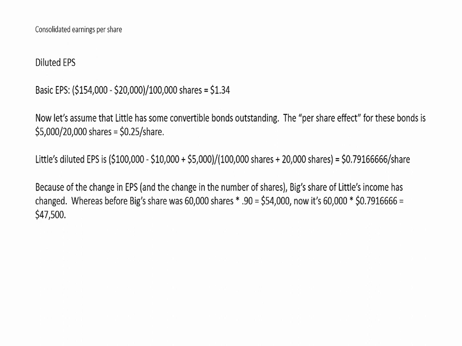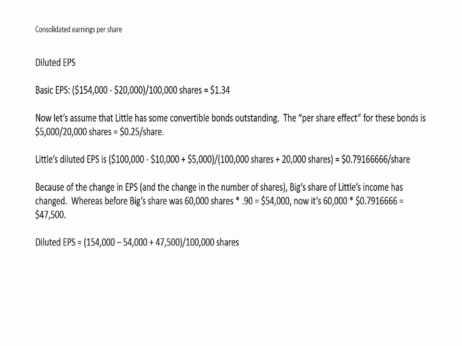Now because of the change in earnings per share, previously 90 cents and now just under 80 cents, and because of the change in the number of shares, Big's share of Little's income has changed. Whereas before Big's share was 60,000 shares times 90 cents, or $54,000, now their 60,000 shares only bring 0.791666 per share, for a total of $47,500.